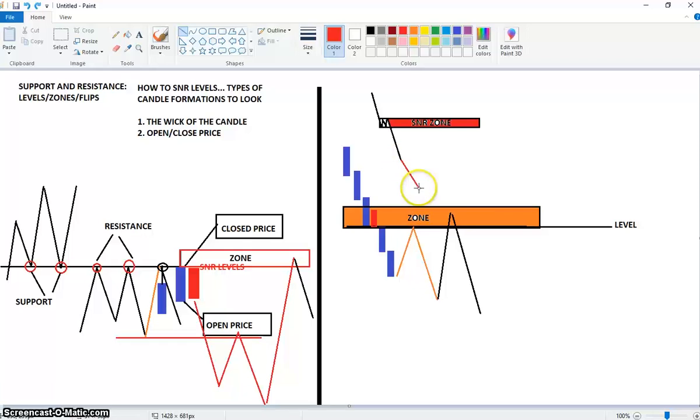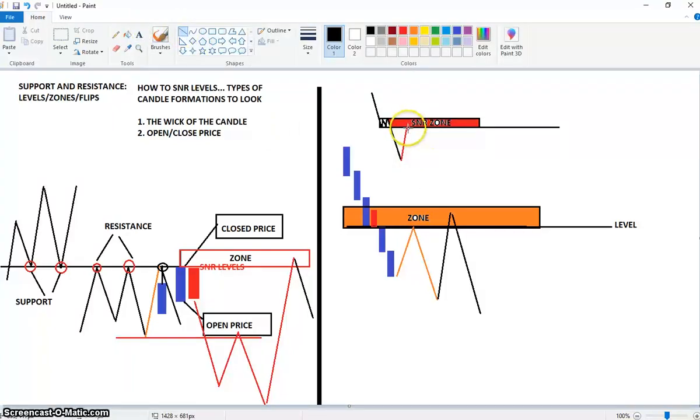Price cannot just keep going down and down. No, price must return. Either price must return to touch this level. Remember, this can be a level and this can be a zone. Price must return and touch it.